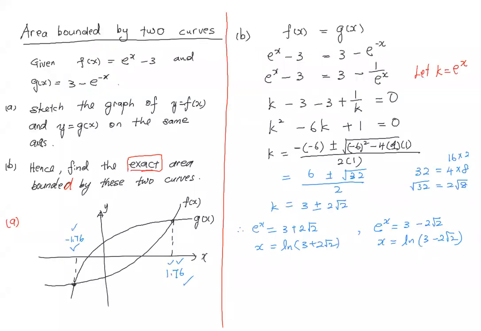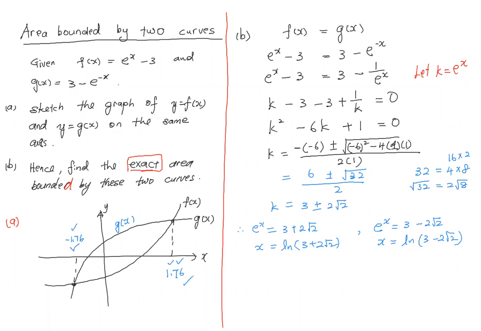The function is f(x), which is, what is the top function? The top function is g(x). Better get it right. g(x), so 3 minus e to the power negative x.